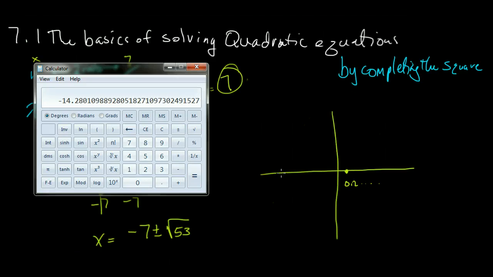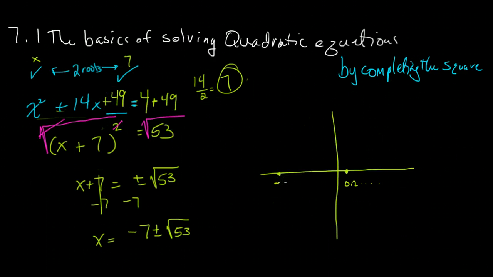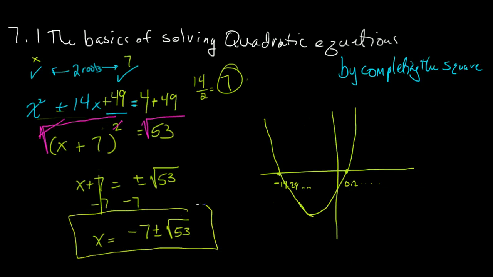So there's my other root over here at negative 14.28 something. And so my parabola will cross at those two points, meeting at some kind of vertex. I don't know where the vertex is, but it looks something like that. And these are my two roots, negative 7 plus and negative 7 minus.